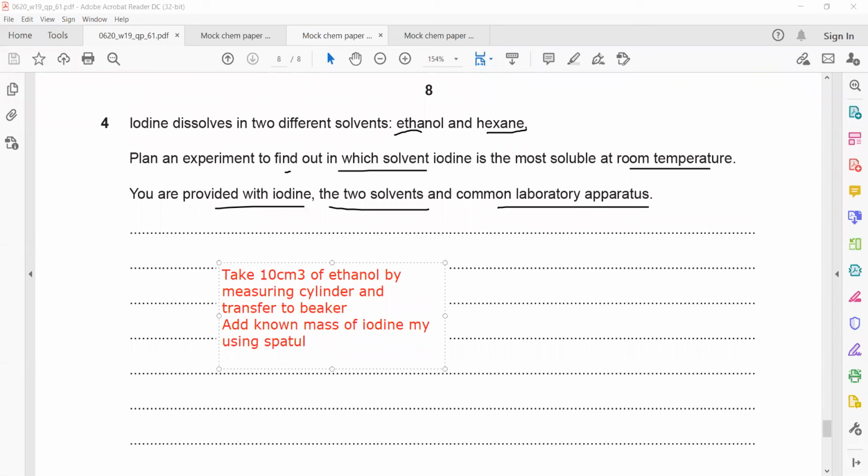Yeah, that's good. Add 20 grams of iodine, transfer into the beaker using a spatula.